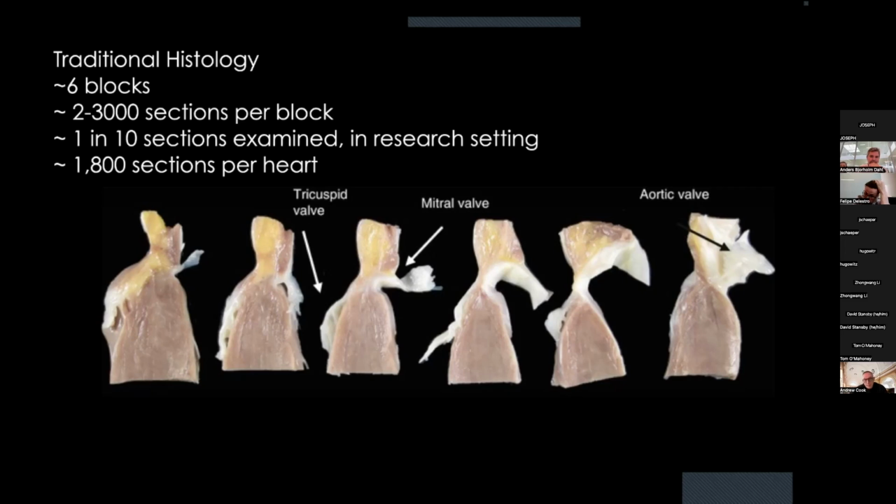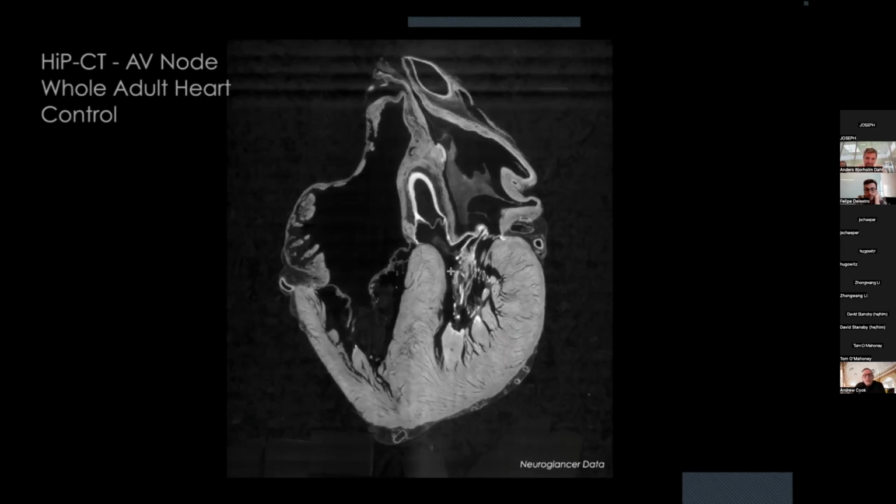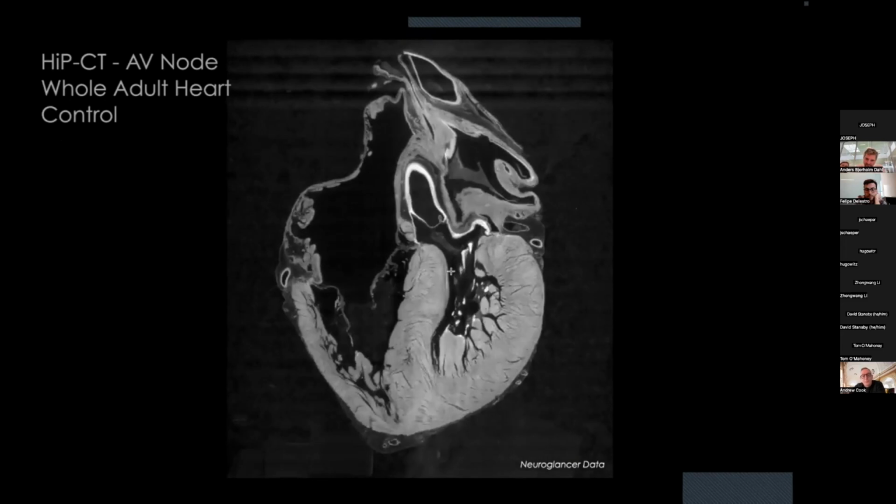And that would be in a specialist research setting. So you end up with thousands of sections per heart that you then have to manually reconstruct and try and put back into the context of the whole heart. So clearly, HiP-CT data is much better for that.